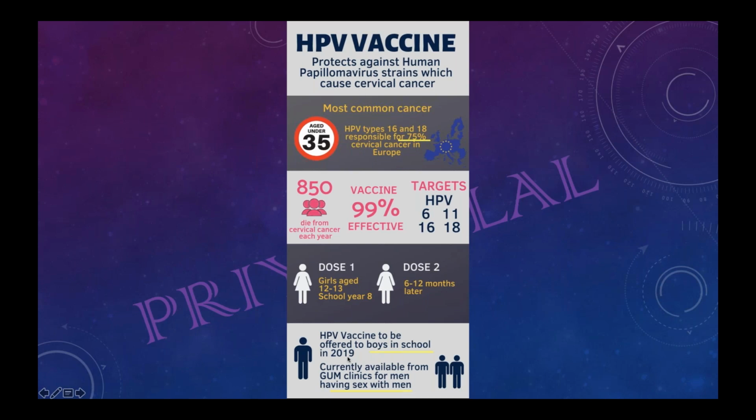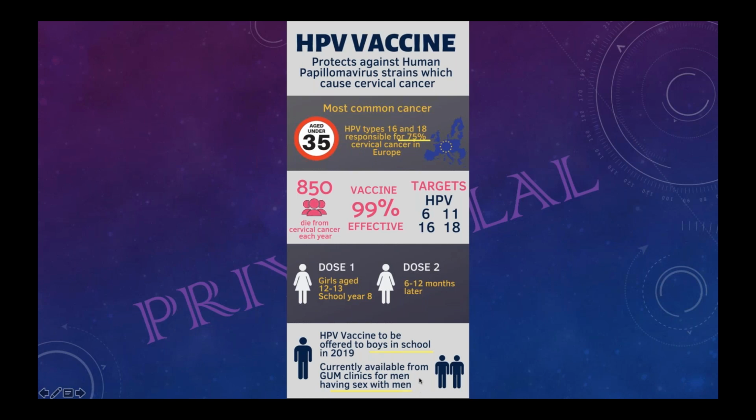So this is again, I have just copied this from the internet. They will be given the first dose at school year 8, and the second dose 6 to 12 months later. And HPV vaccination is offered to boys in school from 2019, that I just told.